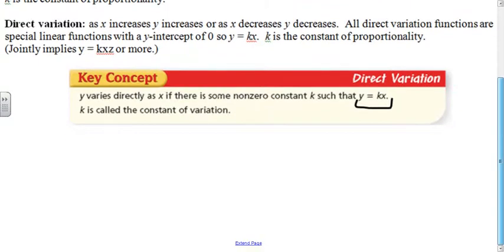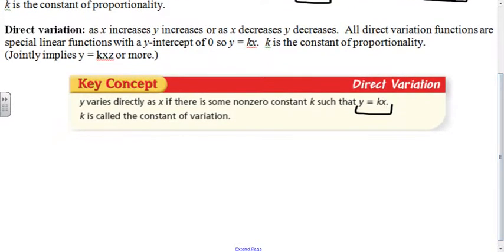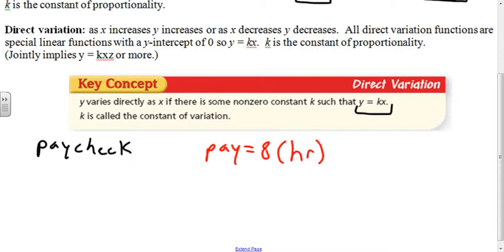Another way to look at this as a real life example would be your paycheck. If you work for an hourly wage, you would say then that your pay equals, let's say you got $8 an hour, so 8 times however many hours you work. So if you want a higher pay, you have to work more hours.